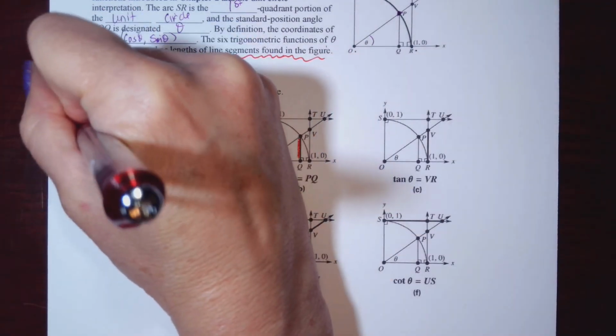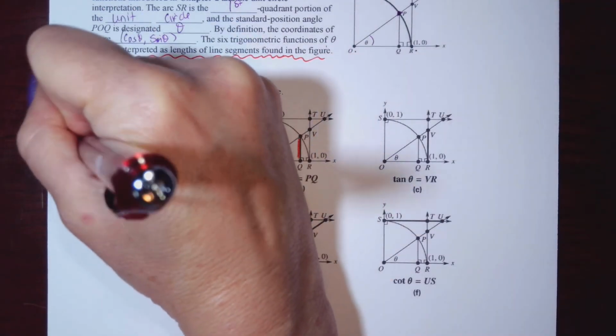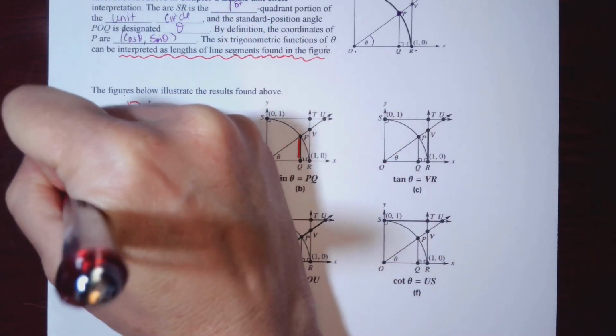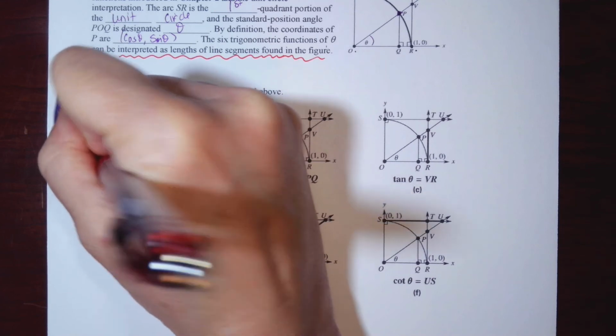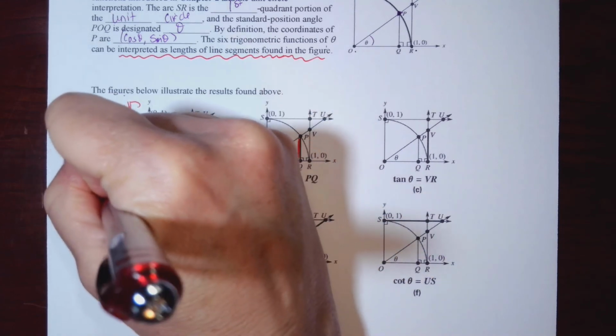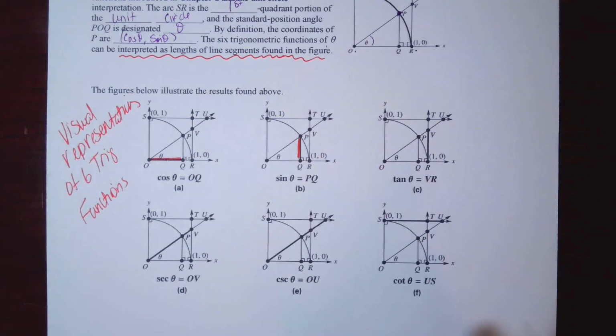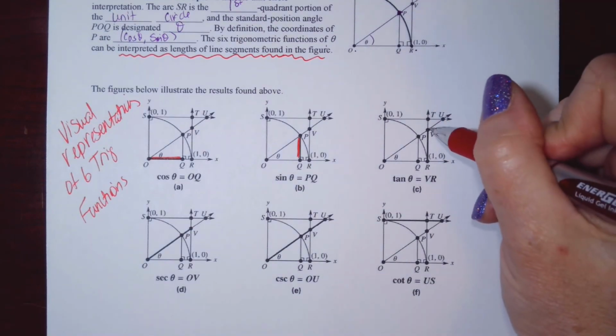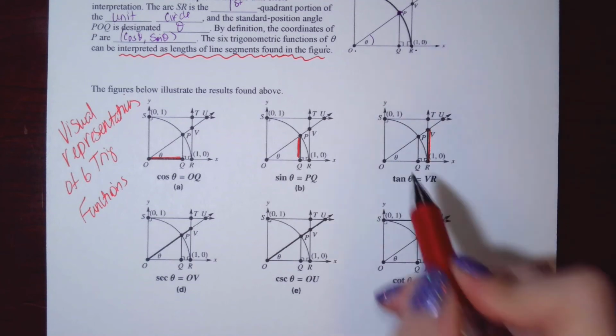So these are visual representations of our 6 trig functions. And you don't need to memorize these. These are just to help you grasp and have an idea in your mind about what we're working with. My tangent segment is right here in relation to theta.